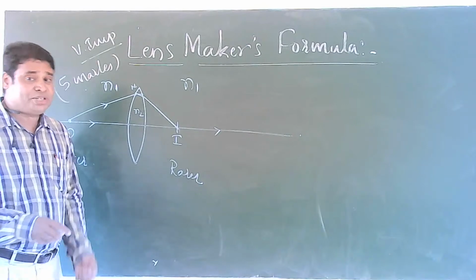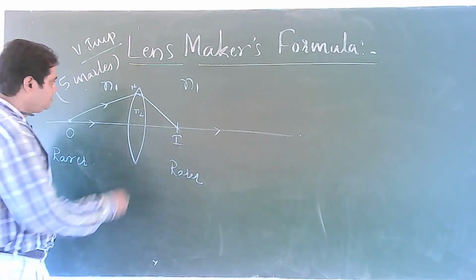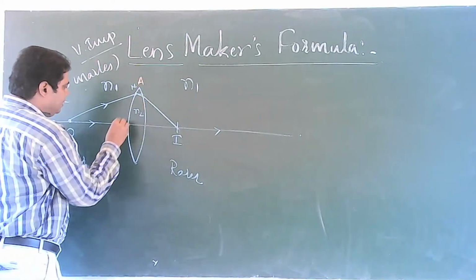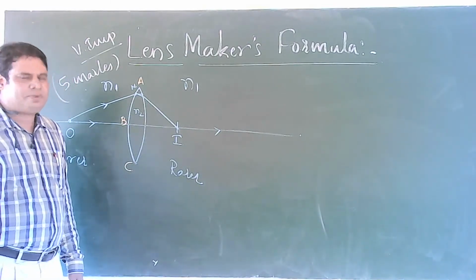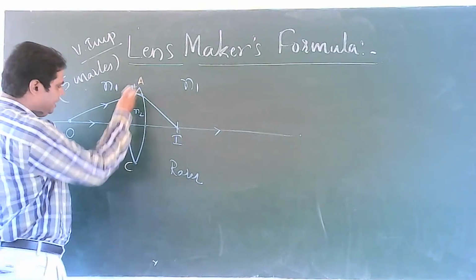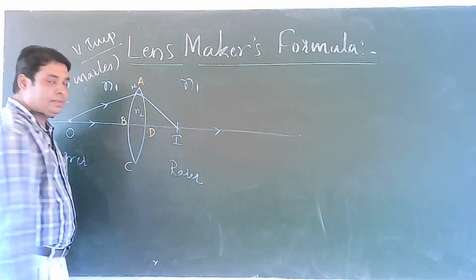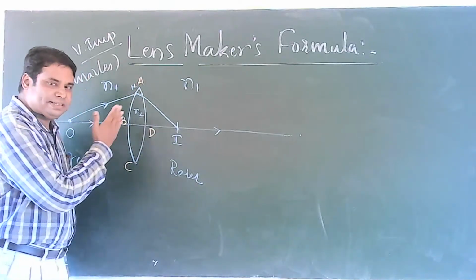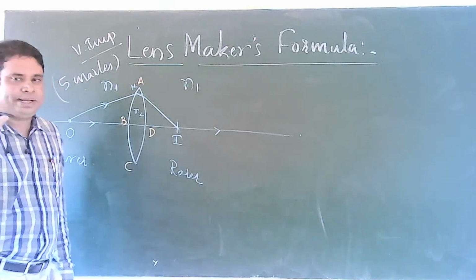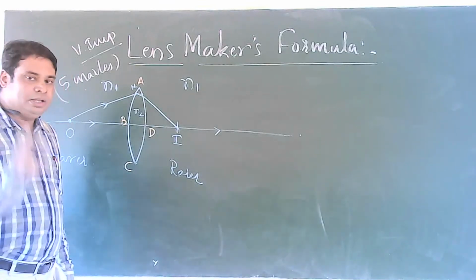Okay. Imagine this lens is made up of two surfaces, ABC and ADC. Imagine surface ADC is absent for the time being.